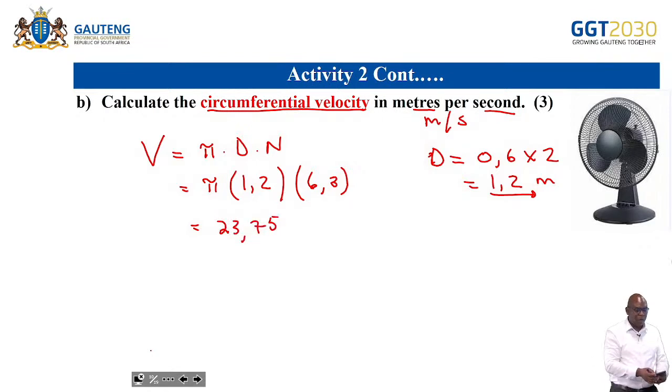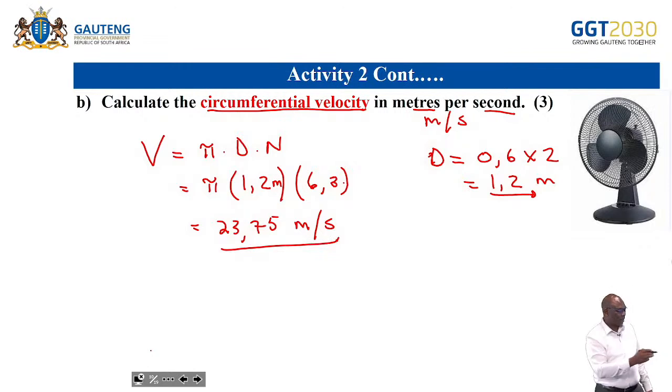Remember the units for the answer will be meters per second, because my diameter was in meters and my revolutions were in revolutions per second. So therefore I have seconds there.